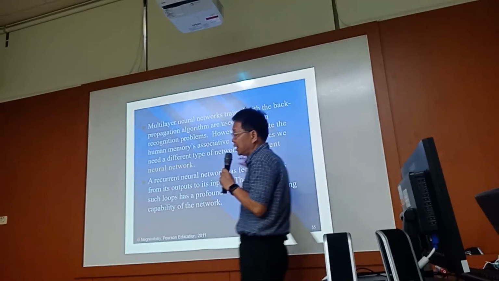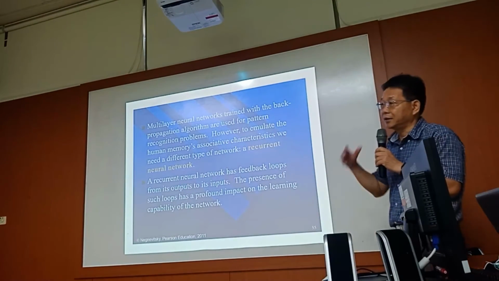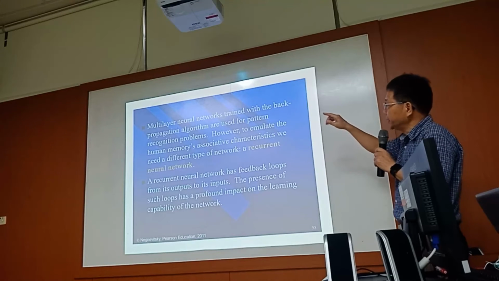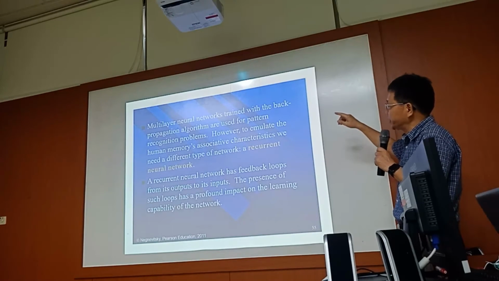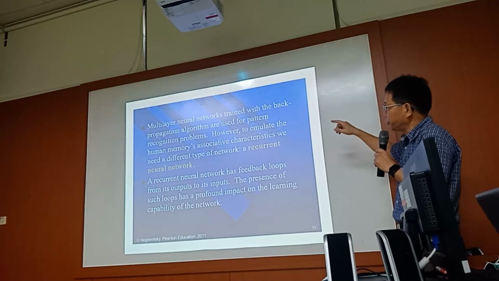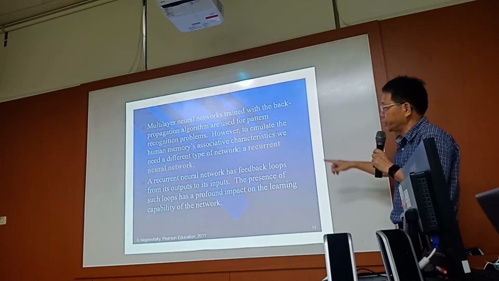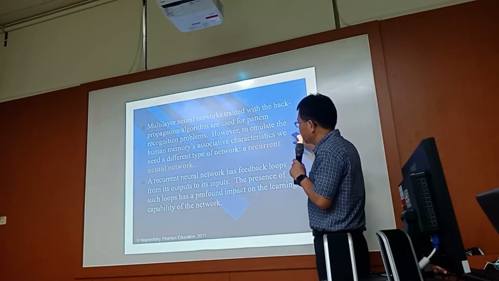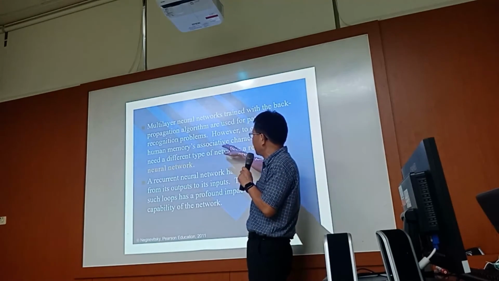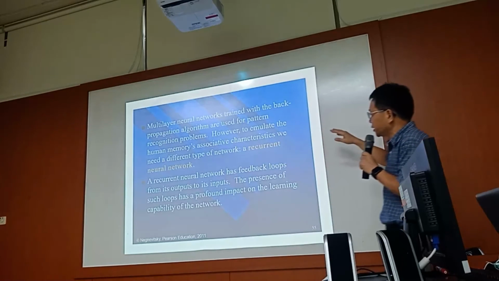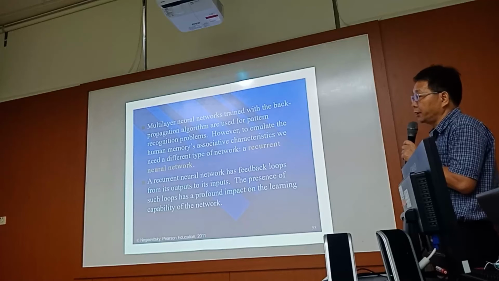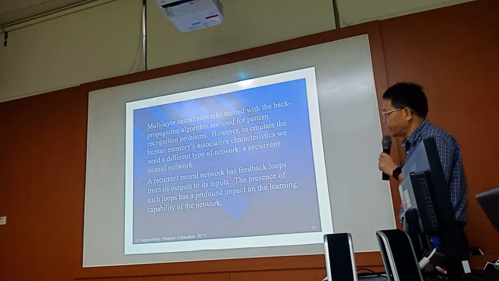This is an RNN, that is like the RNN idea. Multi-layer neural networks trained with backpropagation algorithms are useful for pattern recognition. However, to emulate human memory's associative characteristics, we need a different type of network, a recurrent network.